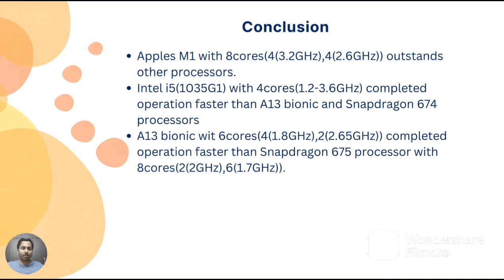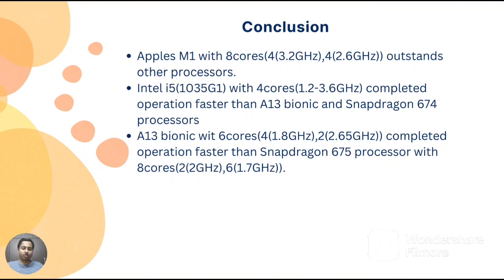For the A13 Bionic chip, we had seen that 4 cores were at 1.8 gigahertz and 2 cores were at 2.65 gigahertz. But in the case of the Snapdragon 675 processor, 2 cores were at 2 gigahertz, and the other 6 cores were at 1.6 gigahertz.